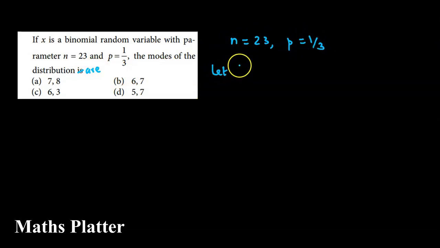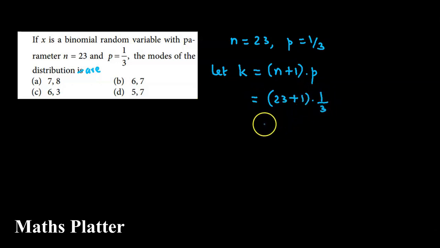Now let us calculate a quantity k which is equal to n plus 1 times p. तो ये आ जाएगा 23 plus 1 into 1 by 3. So that is 24 into 1 by 3 which is equal to 8.